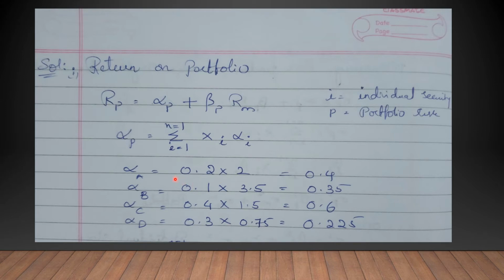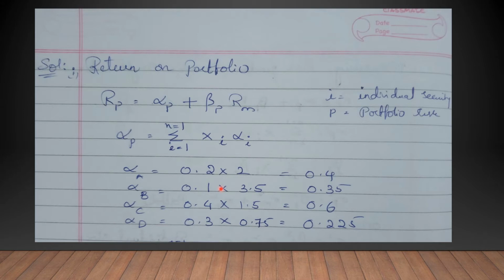For that you have to find the summation, or add all the individual stocks: summation of weights into individual stock alphas. So here we have 4 securities, that is A, B, C and D. So their weightage is given in the question.